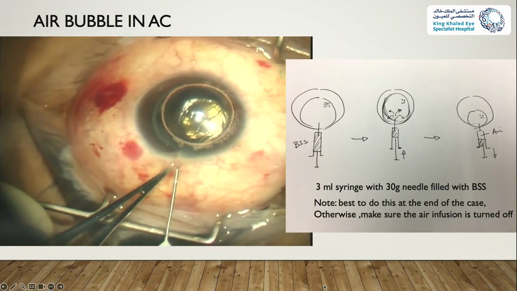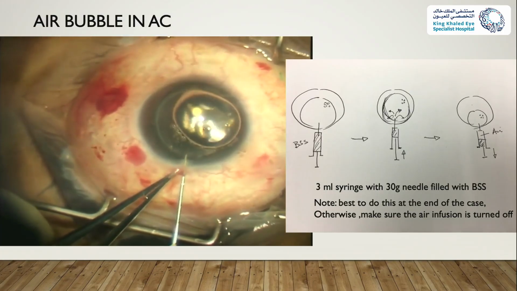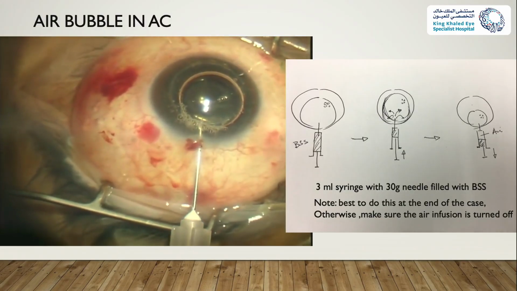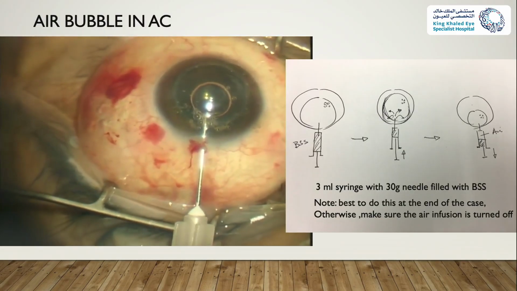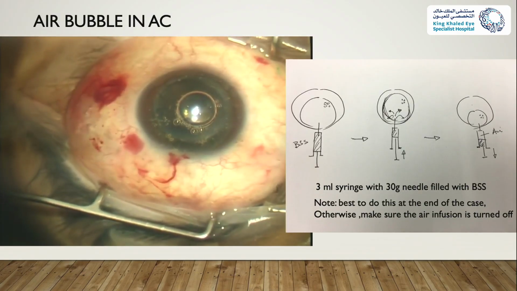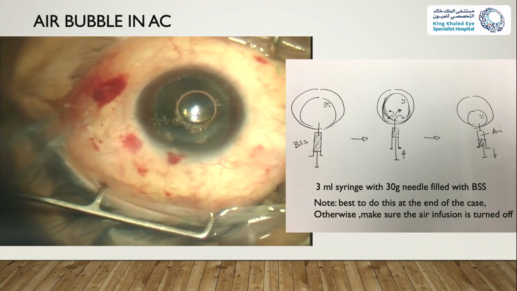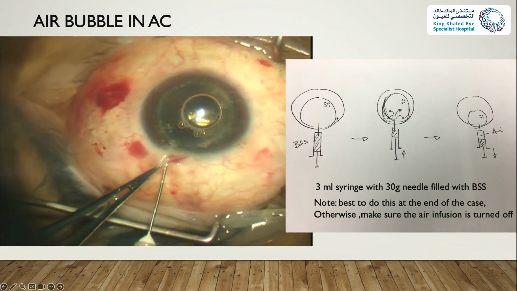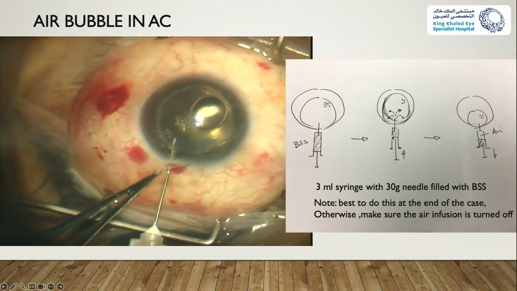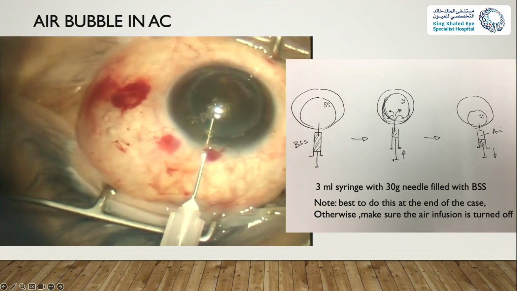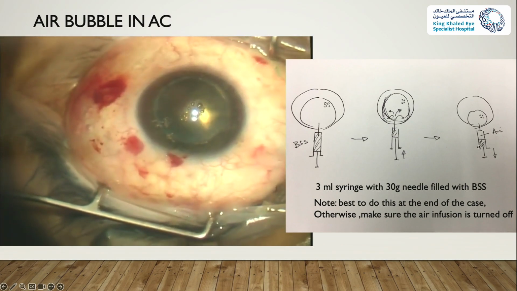The reason is that you need to pressurize the anterior chamber, because if not, when you take the air bubble out, the gas or air from behind will try to migrate forward. Then I repeat this several times until the air bubble is removed. So again, balanced salt solution is injected into the eye to pressurize the anterior chamber, and then you can aspirate back to draw out the air bubble.